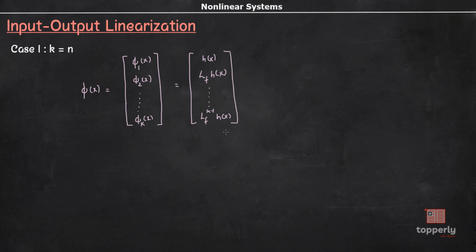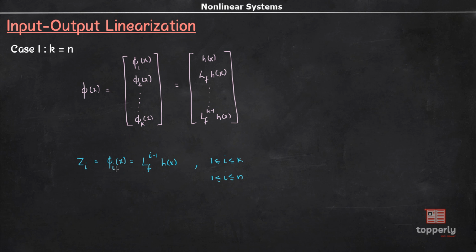Let us do a change of coordinates now. Therefore, defining zi equal to phi i of x, equal to Lf^(i-1) h of x, where i lies in the range 1 less than or equal to i less than or equal to k. Also in this case we have assumed k is equal to n. Therefore 1 less than or equal to i less than or equal to n is also true.